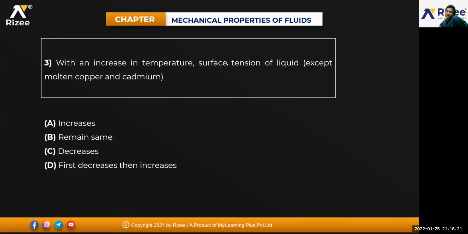So with an increase in temperature, because surface tension is nothing but what are the formulas of surface tension? Force per unit length is one formula. Another formula is surface tension is also equal to work done per unit area. When you are increasing the temperature, you are increasing the surface area. When you are increasing the surface area, what is happening to surface tension? Surface tension of that liquid decreases.